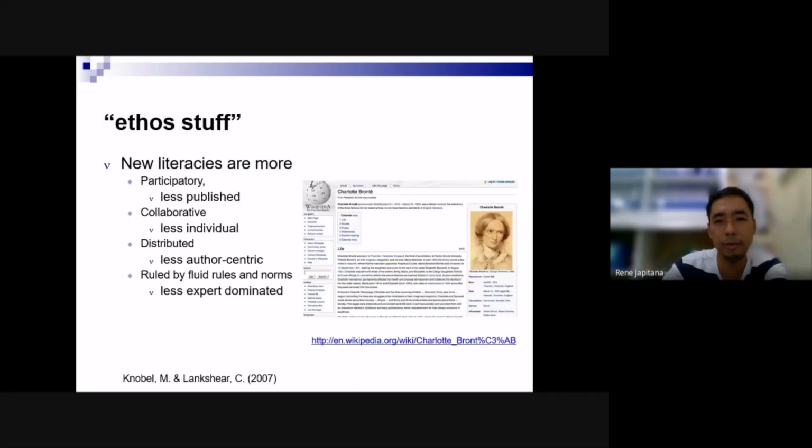Collaborative, participatory, distributed, ruled by fluid rules and norms, meaning ethics, mga values of how to use the internet.